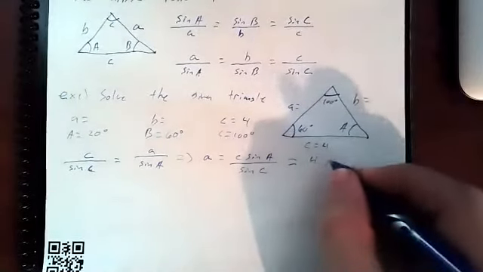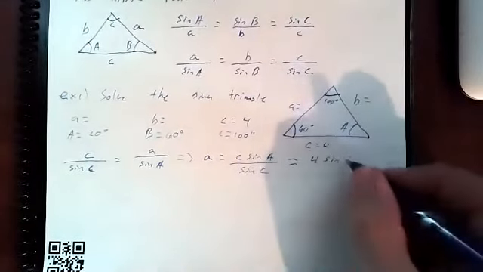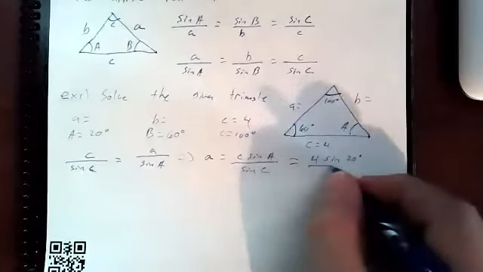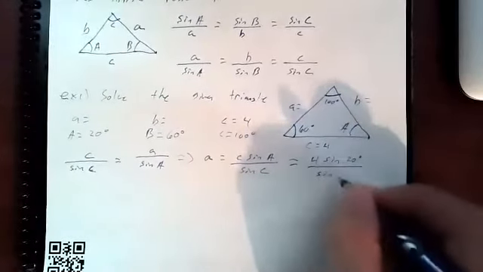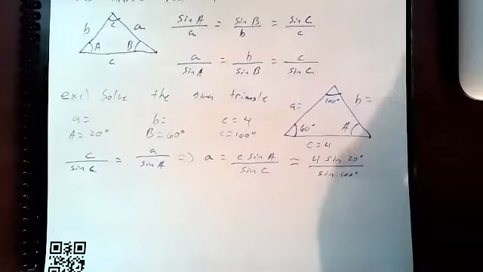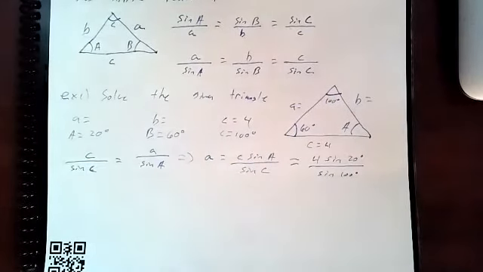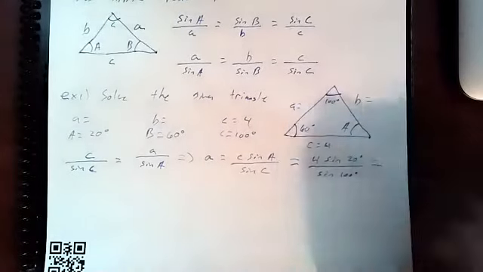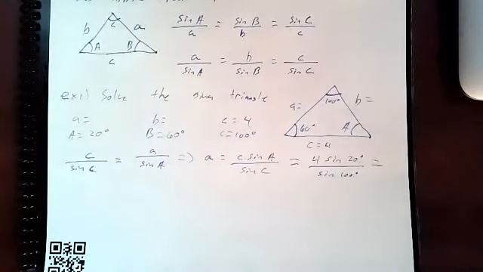So plug it all in. c is 4. Sine of A, well, we said it's 20, over sine C, which is 100. So what is little a? Plug that into your calculator.